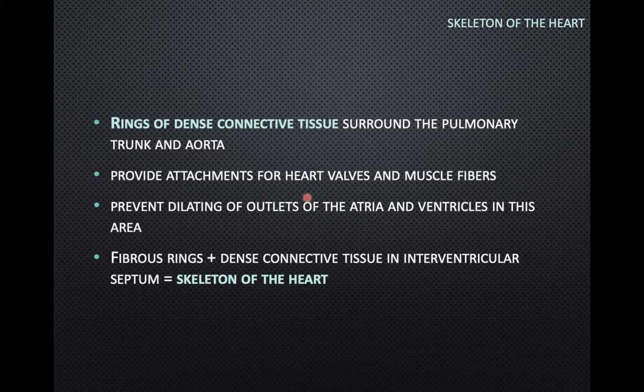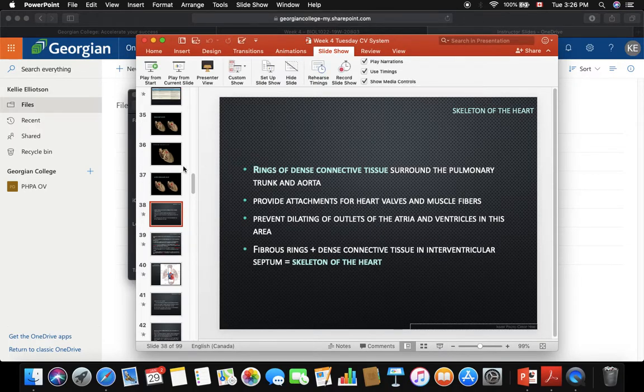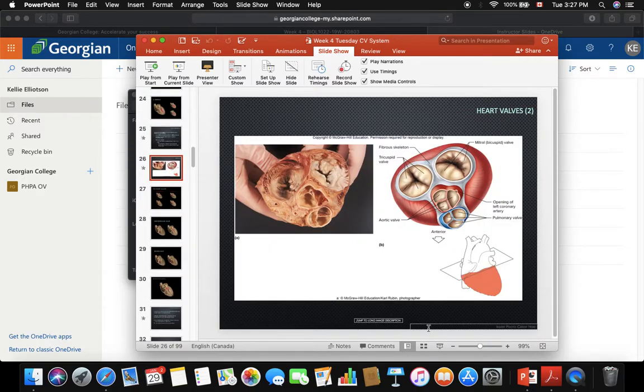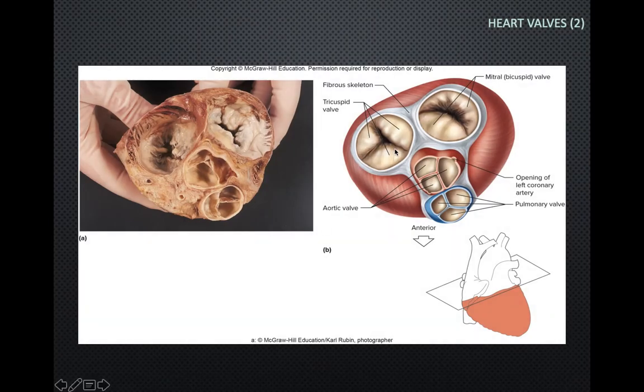And if you go over to page 355, figure 13.6, let me see if I can find that. This one right here. Okay, this diagram right here, you can see this fibrous skeleton. So it just keeps everything a little bit firm, and so that things don't kind of loosen up.